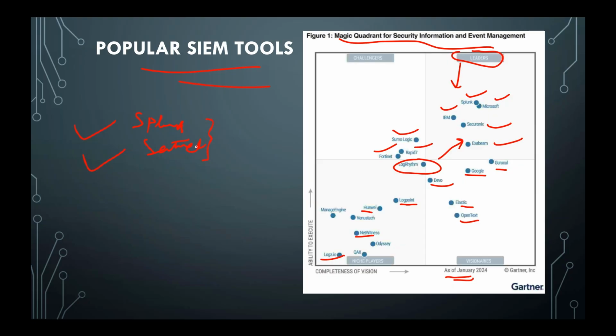Most organizations deploy these two tools. But if you are a beginner and want to practice in a home lab, then you can go for Wazuh and ELK. Splunk and Sentinel do have free trial versions for 1 month or 15 days, so you can deploy these tools in your home lab as well.